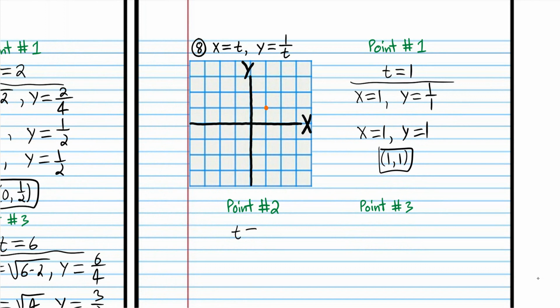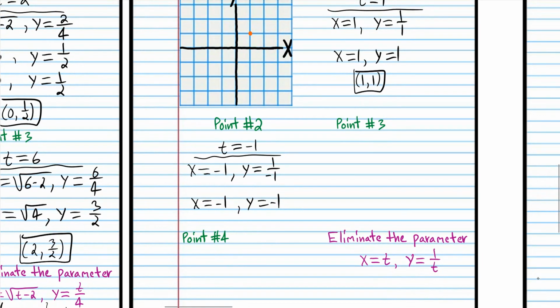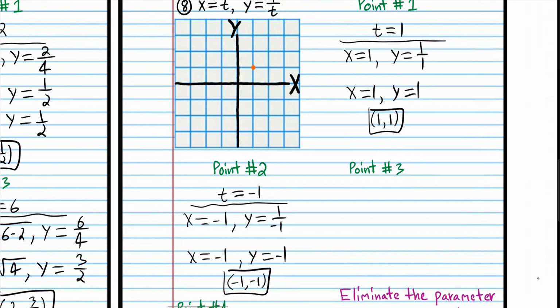If we plug in, again, we can't choose 0 for t, but let's try -1 for t. x is -1, y is 1 over -1. So x is -1 and y is -1. So the corresponding point that we're looking for is -1, -1. So let's graph that.